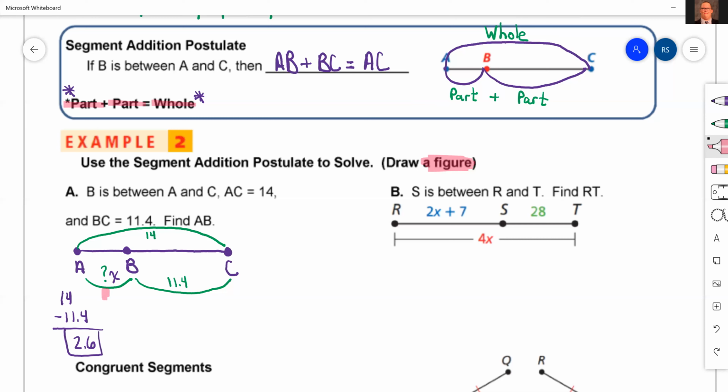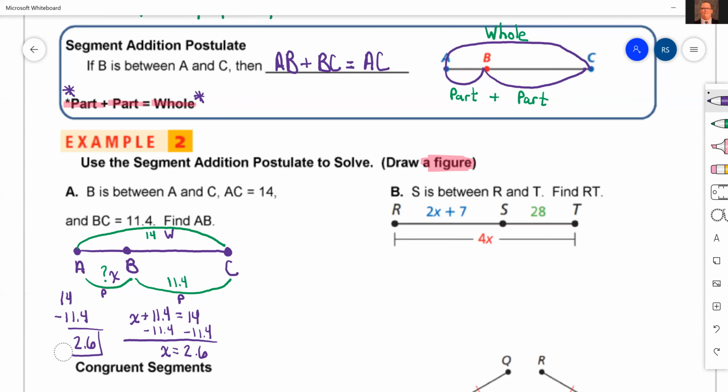Well, there's a part, there's a part, there's our whole. So X plus 11.4 equals 14. What do you know? You subtract 11.4 from both sides, you get X equals 2.6.